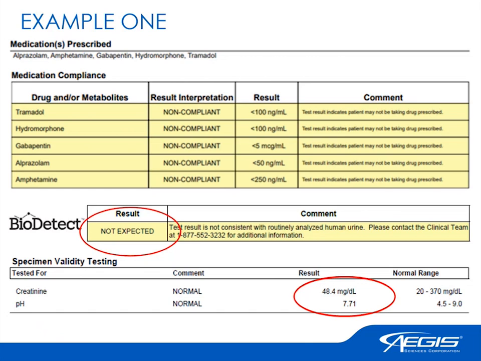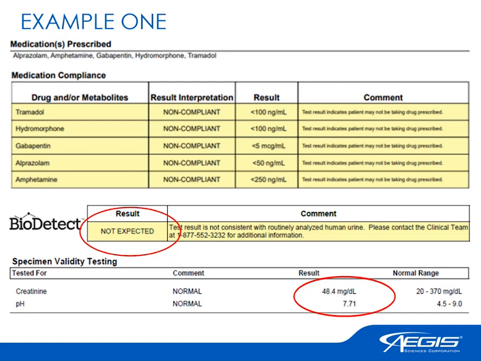So the individual, had you not had BioDetect, the provider would think, I've got an individual who just isn't taking their tramadol or their hydromorphone, the gabapentin. You see the list there. But with the sample having a concomitant unexpected BioDetect result, it demonstrates the inconsistency, like I said, with routinely analyzed human urine.